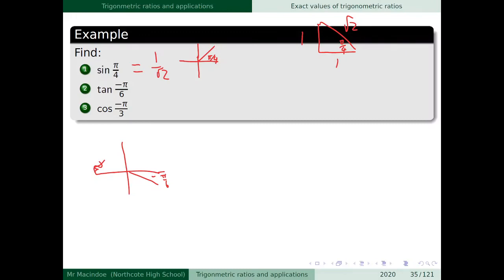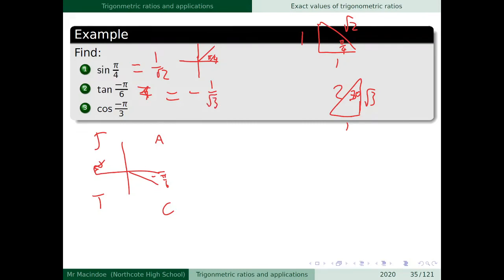So tan of 30, using my special triangle, 1, 2, root 3, 30 up here, pi on 6 as it happens. Opposite over adjacent, 1 over root 3. Now it's in that quadrant, right? That's the C quadrant, C-A-S-T. So it's going to be negative, negative 1 over root 3.